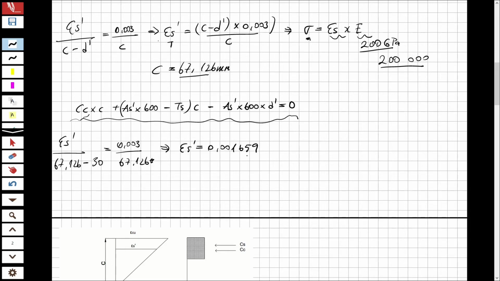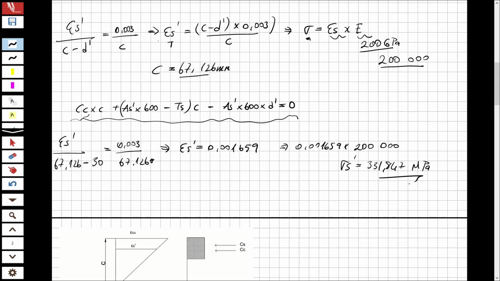So when I multiply 0.001659 by 200,000, okay, and stress prime, actually this is the new design strength of the compression steel, okay? So 0.847 megapascal.